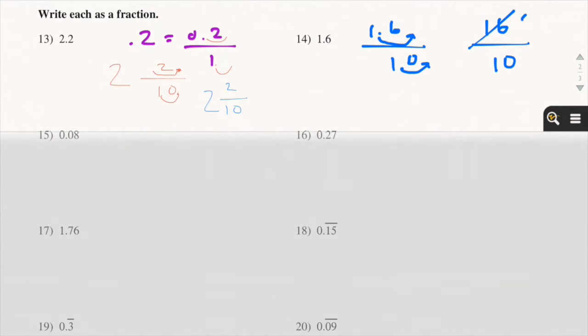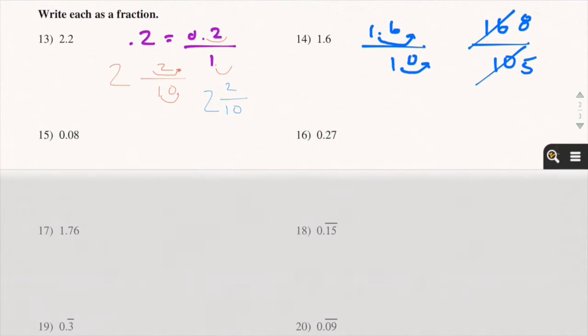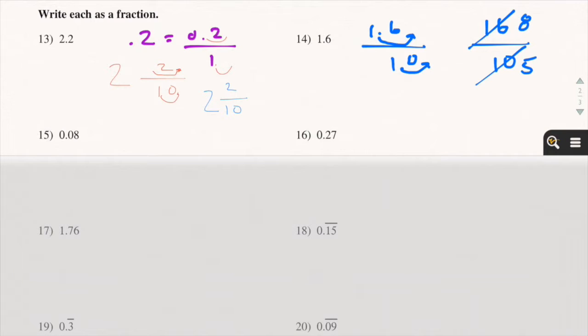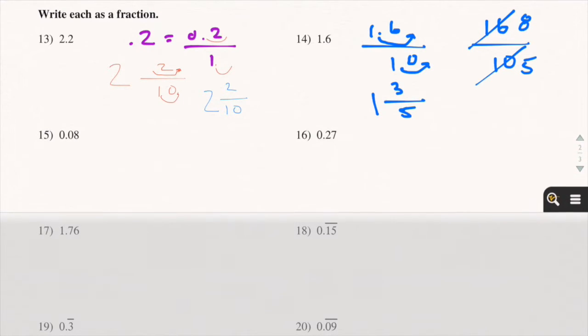The 16 becomes an 8 and the 10 becomes a 5. Now we have 8/5. The 5 goes into the 8 one time with 3 left over, and then you just put that 5 back at the bottom. So that's 1 3/5. You could do either way. I'll change up the methods on different ones, and then you could try different ones on your own.